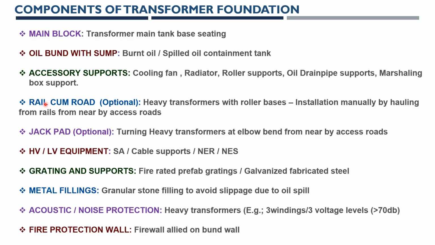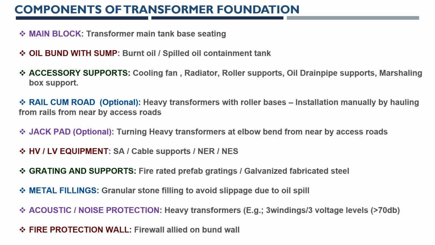In that case the rail cum rod is not applicable, but in some projects for heavy transformers, with the roller bases the installation is done manually using jack equipment and pulling by rope. For that purpose the rail cum rod is necessary. The pulling block is also necessary to install the transformer if it is a heavy transformer.